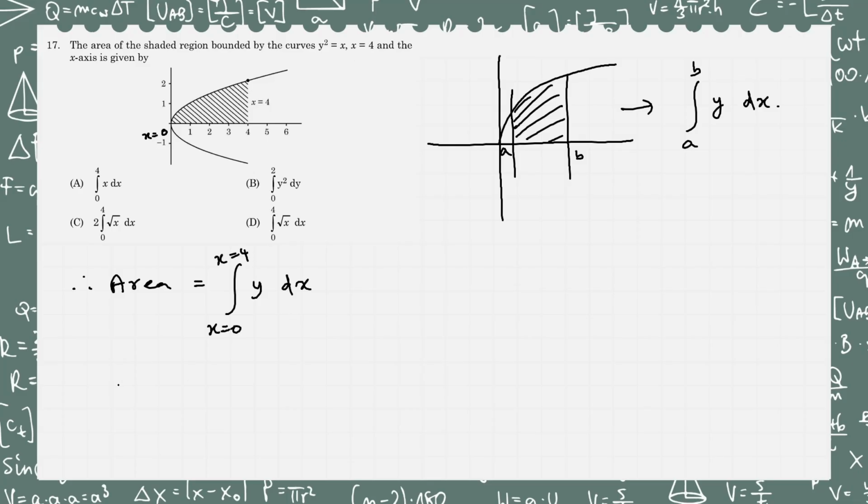They have given the value for y square, so we need to find the value of y by applying square root on both sides. So we will get y equal to root x. So the area will be 0 to 4 root of x dx. So the correct answer is option D. Let's move on to the next sum.